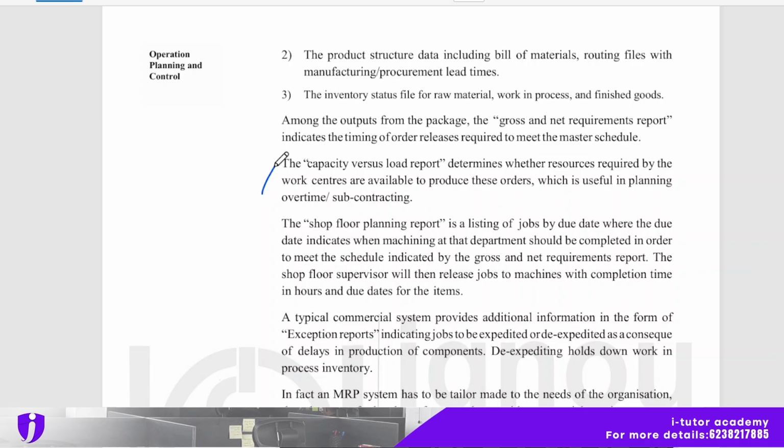A typical commercial system provides additional information in the form of exception reports indicating jobs to be expedited or de-expedited as a consequence of delay in production of components. De-expediting holds down work in process inventory. In fact, an MRP system has to be tailor-made to the needs of the organization, though most of the above features along with any special requirements are generally provided for.